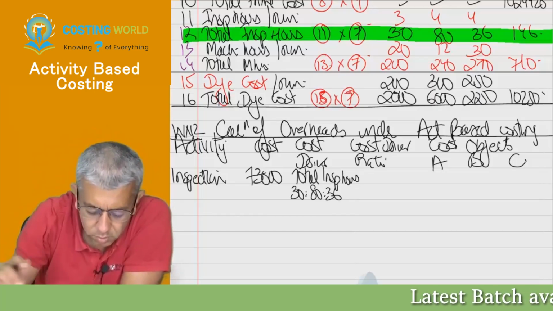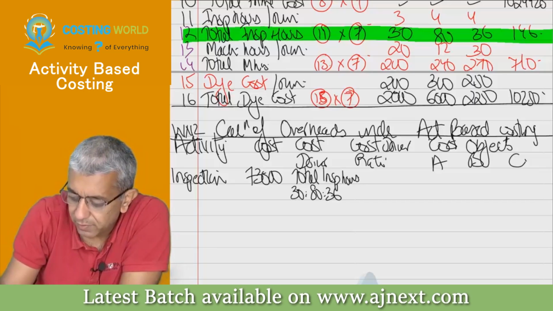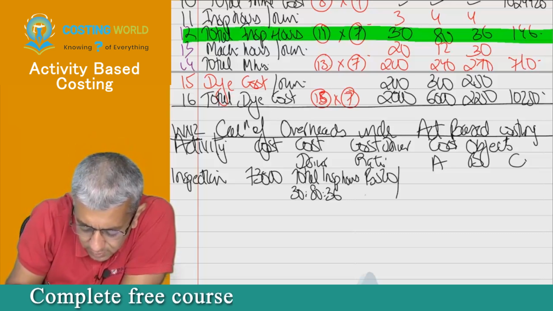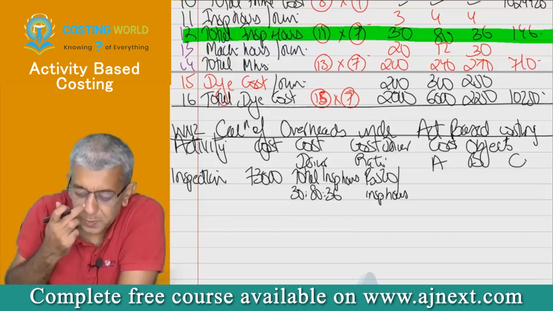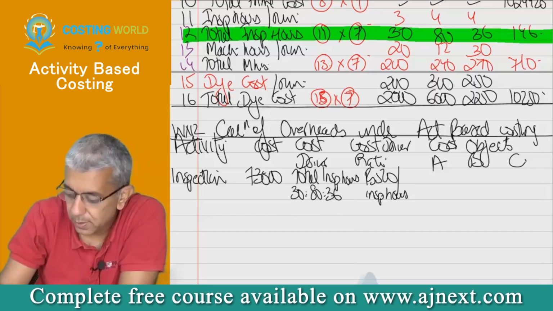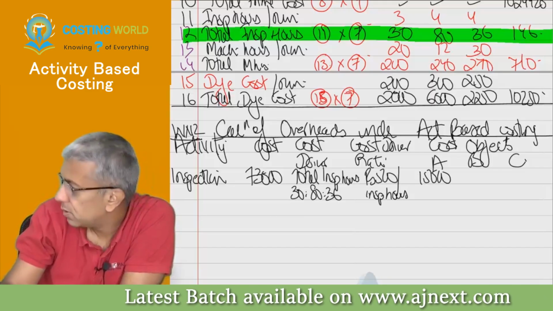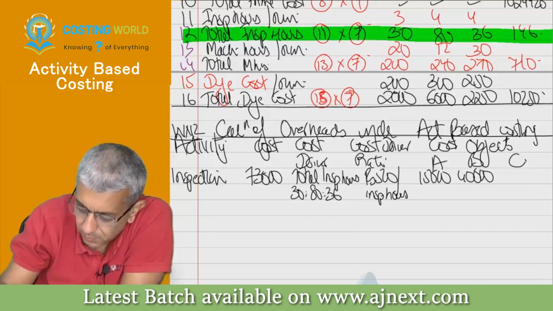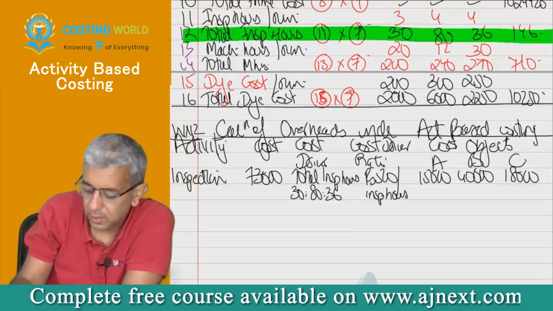So 73,000 divided by 146 will give you rupees 500 per inspection hour. Into 30, 15,000; 80, 40,000; 36, 18,000.